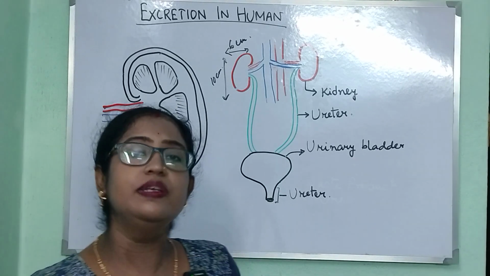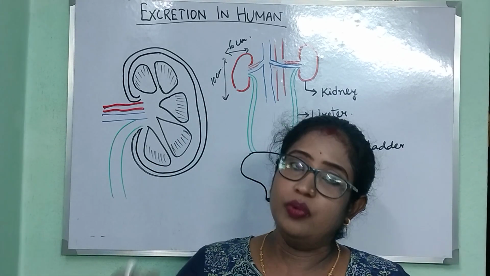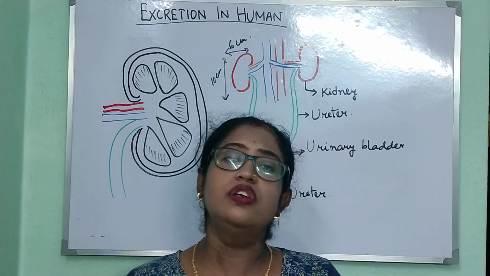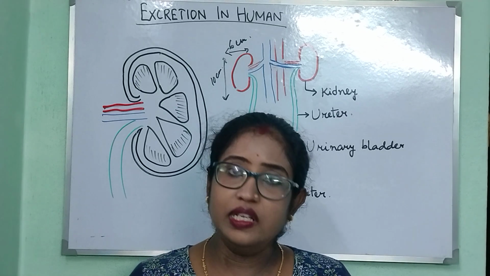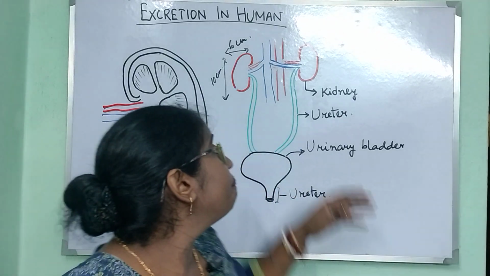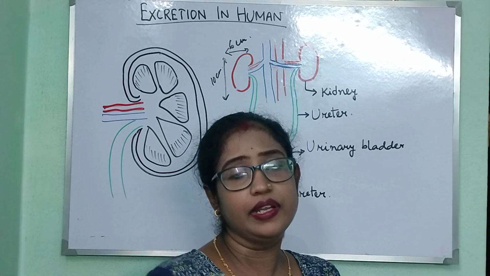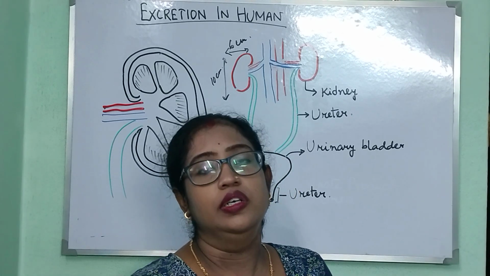We have our rib cage in our body from our chest area to our abdominal area.